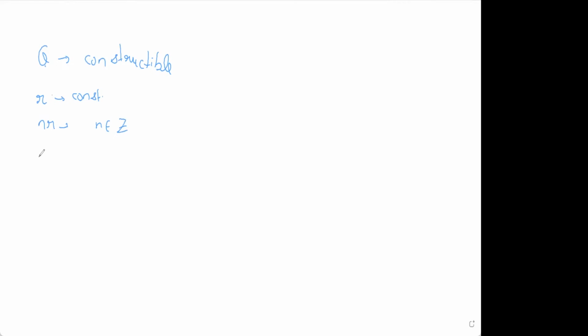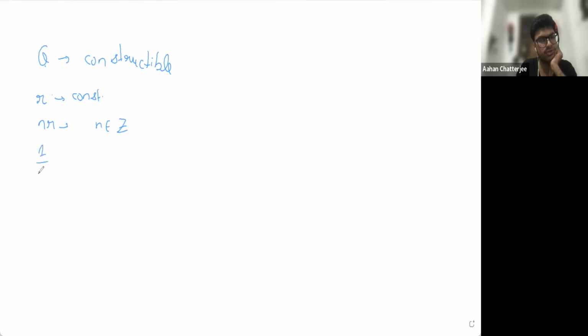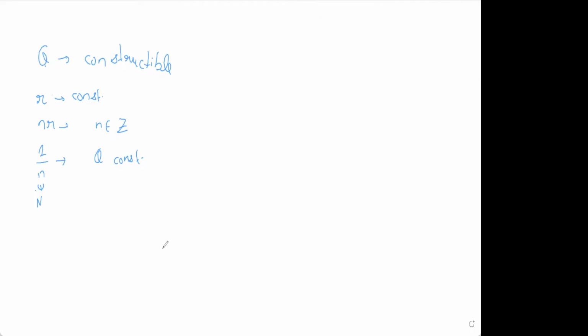So the idea is basically that if we can show that 1 upon N is constructible, then that means Q is constructible, where N is in the natural numbers. Okay, this is fine, right?